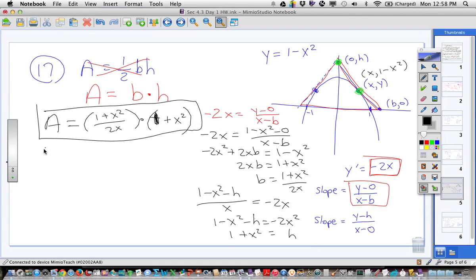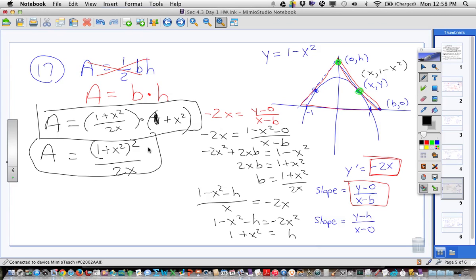Now it might be nice to rewrite that a little bit. That would be 1 plus x squared all squared on top of 2x. Okay. Well, you can't bring the 2 up. You can bring the x up. I think it's easier to do that. But to be honest, again, you get to use your calculator. So at this point, I'd probably go to my calculator and do the derivative. Right?